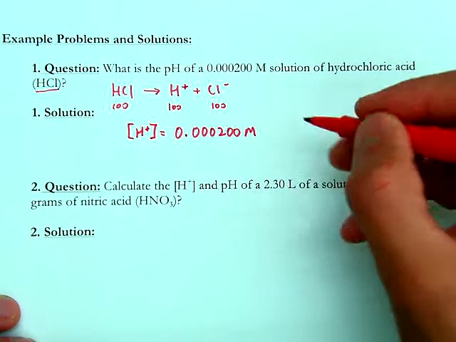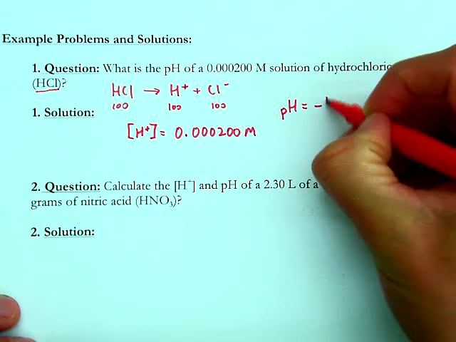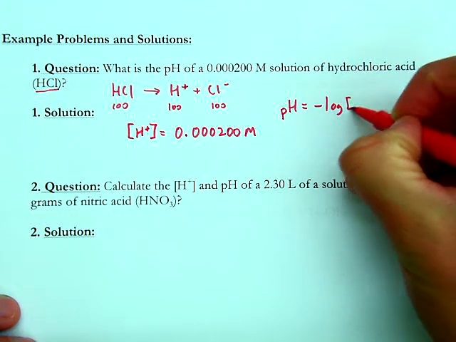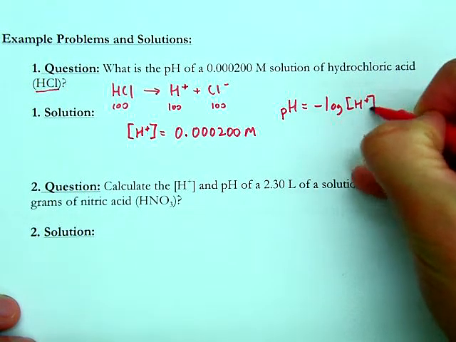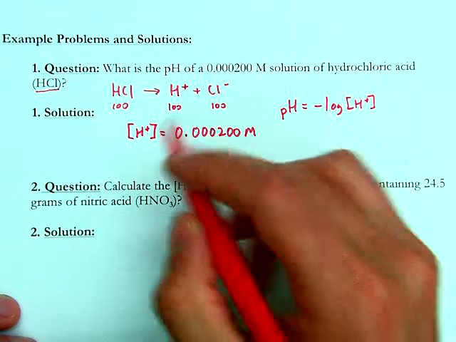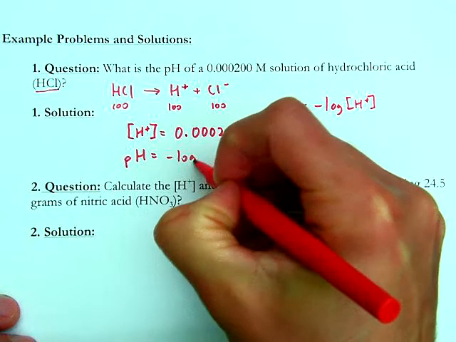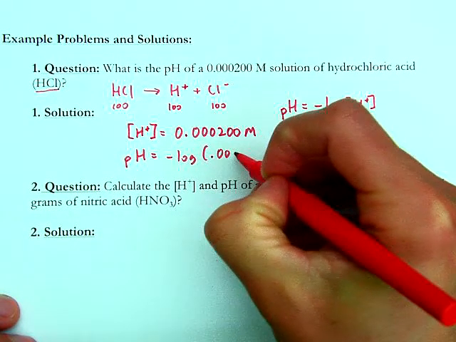Now, the pH is equal to the negative log of the concentration of H. So we have to take the negative log of this number. So pH equals the negative log of 0.0002.